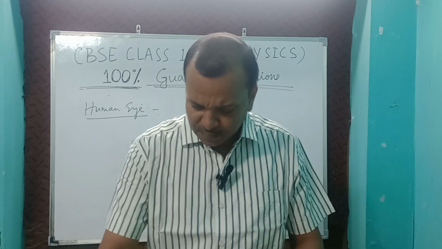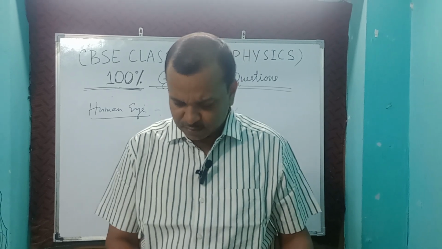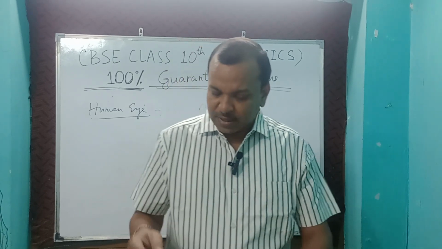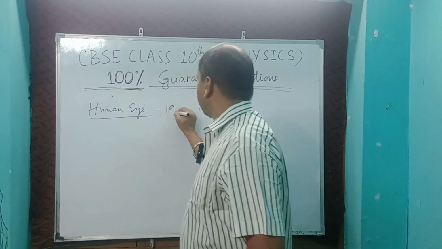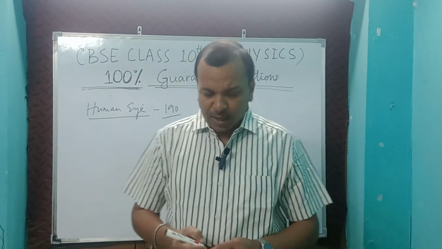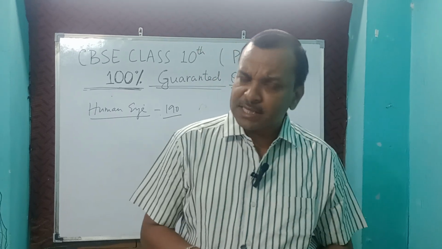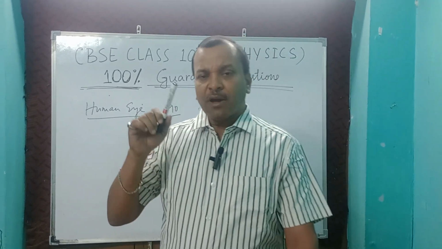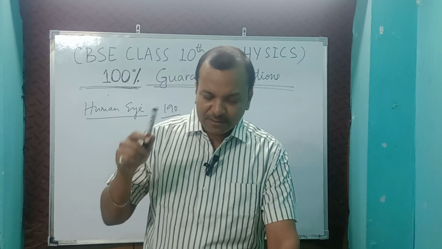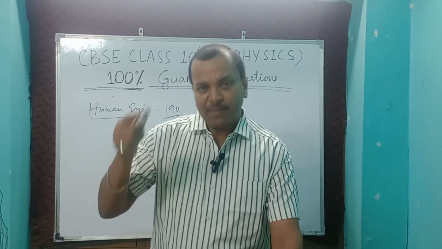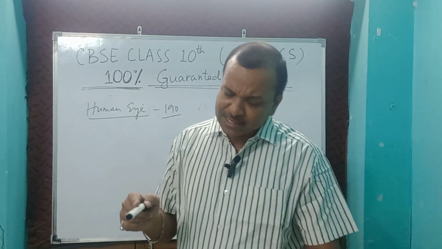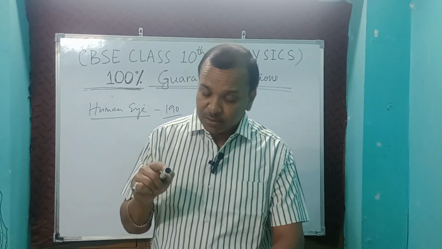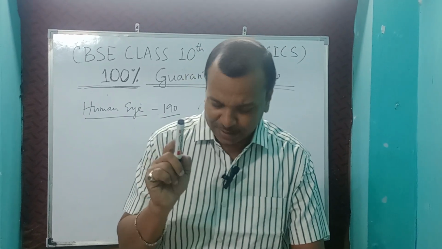From in-text questions, page number 190 in my book. What is meant by power of accommodation of the eye? This is question number 1, and the second is question number 2. A person with myopic eye can't see object beyond 1.2 meter distinctly.